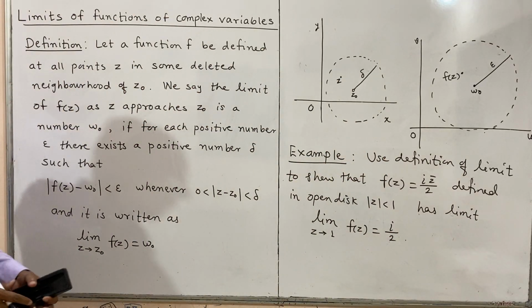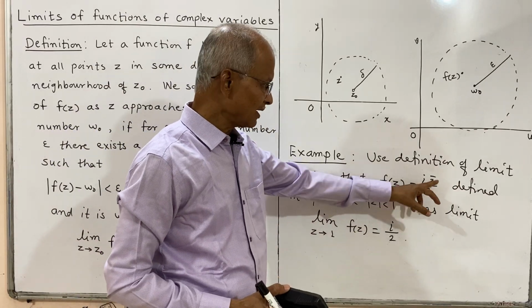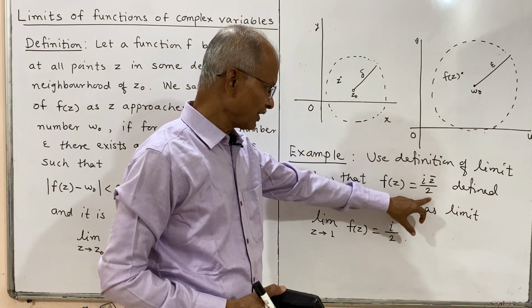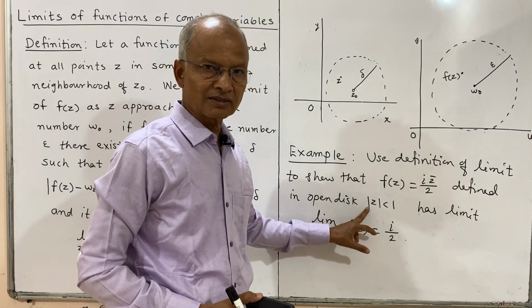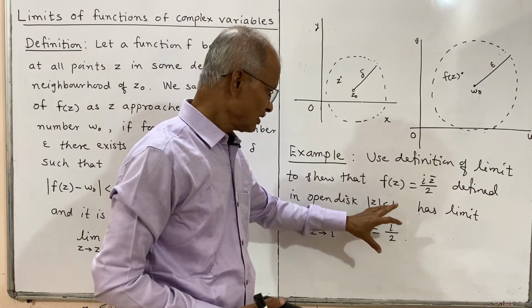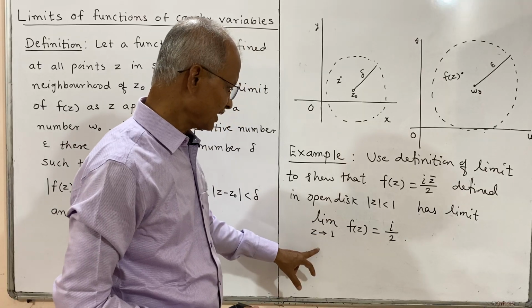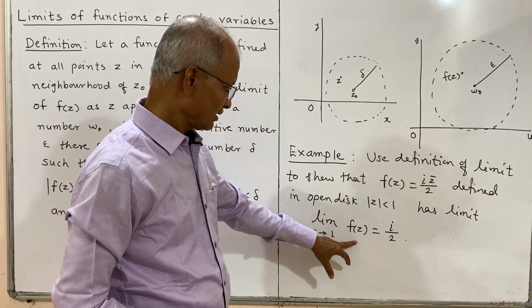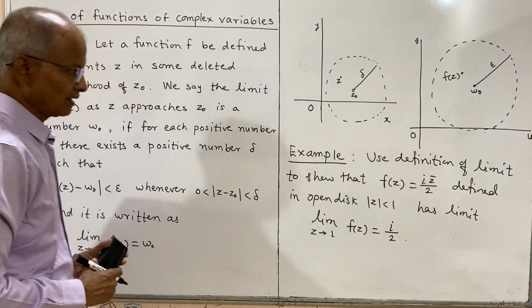So this is what we have to show. The function given is i z bar, conjugate of z, divided by 2, defined in the open disk mod z less than 1, meaning a circle with center at the origin and radius 1. So z lies within that neighborhood, and the limit as z tends to 1 of f of z is equal to i by 2. So this is the example.